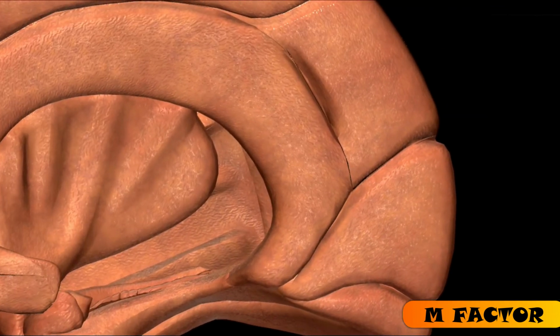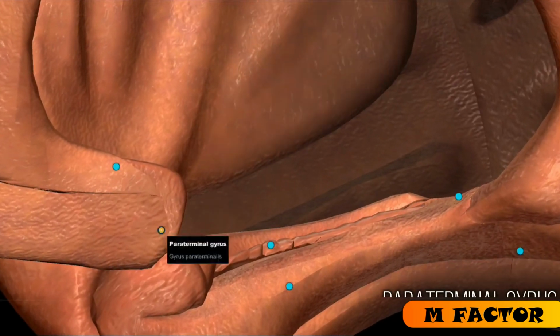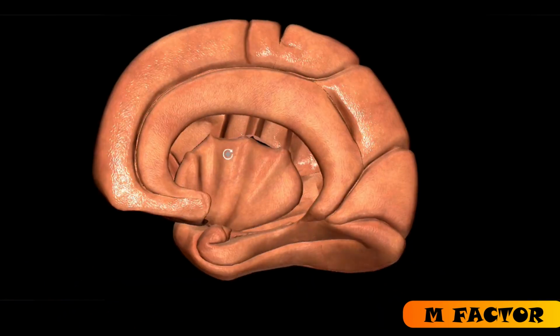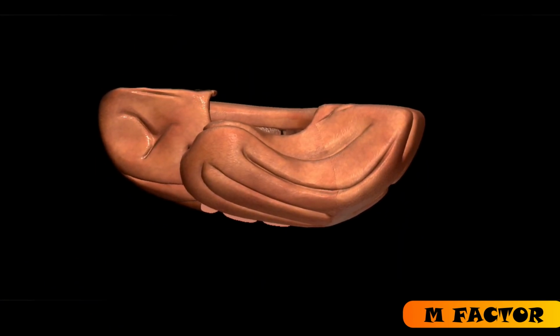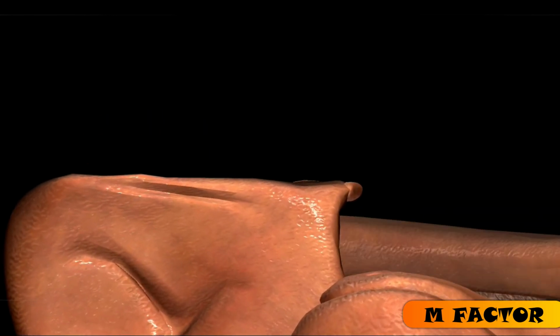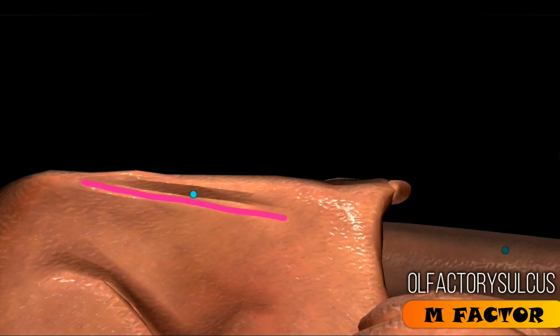The paraterminal gyrus lies just in front of the lamina terminalis. So now let's look into the sulci and gyri on the orbital surface. This is the orbital surface. Here we can see a sulcus parallel to the medial orbital border. This is the olfactory sulcus. And between these two is the gyrus rectus.